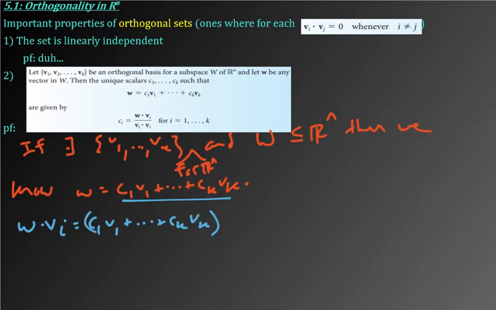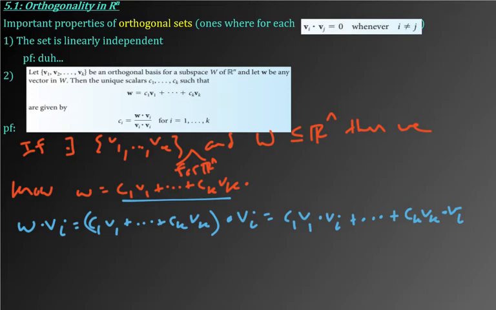This is dotted with V sub I. From that, we can distribute the dot product, so we get C1 V1 dotted with V sub I, plus a bunch of things in here, and then CK VK dotted with V sub I.